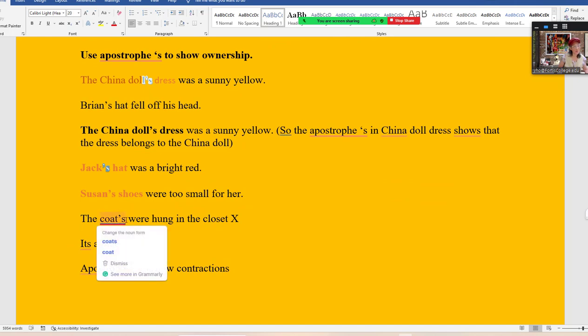Because when we have an apostrophe S, see, Grammarly tells you the right thing. You're supposed to have no apostrophe, and it's supposed to be C-O-A-T-S, you see. And once I change it to this, Grammarly does that, then it becomes correct. So that's why I tell students you should get the free version of Grammarly.